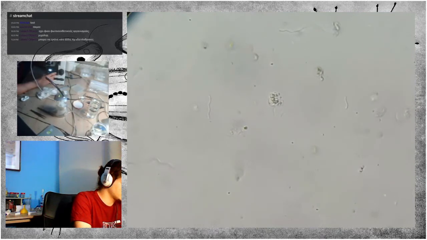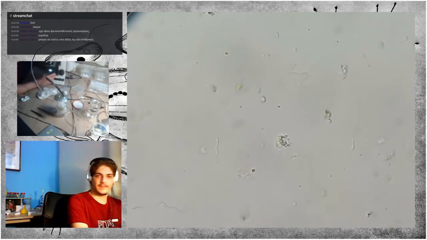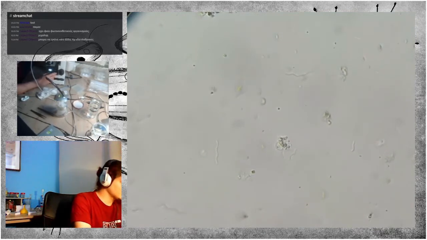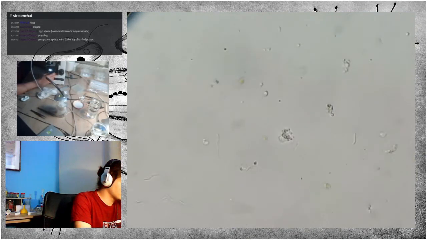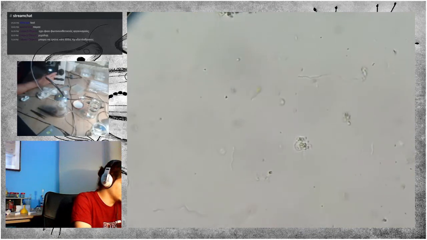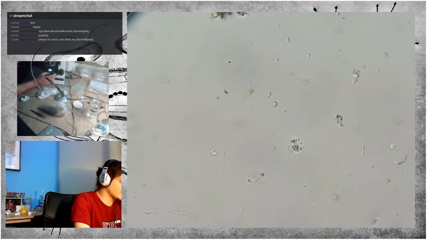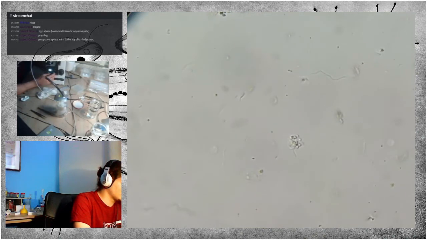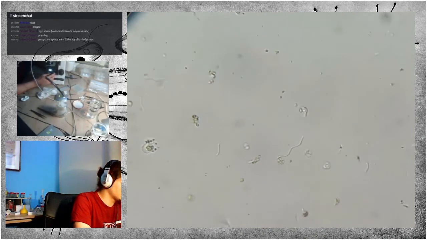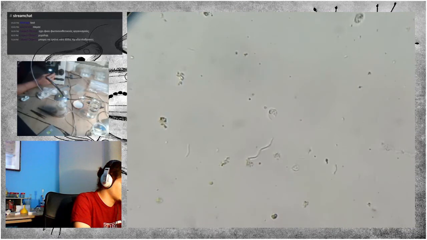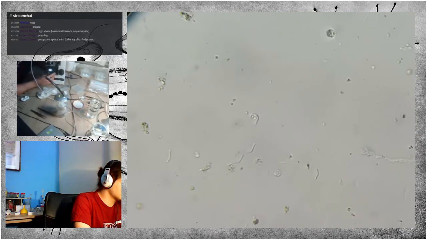Oh, this one died. It just burst. Generally, when a cell dies, its cell just bursts open and the cell contents empty. Yeah, I think they're flagellates.